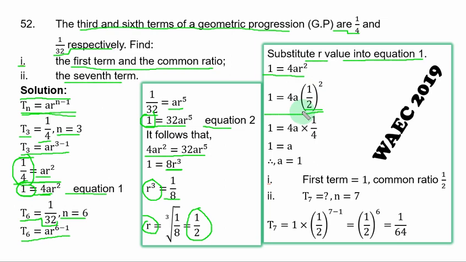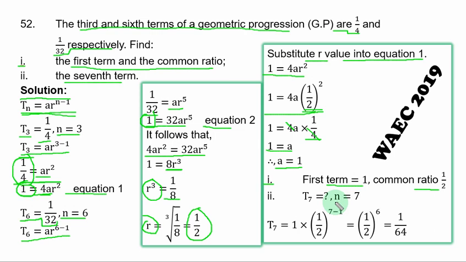When you evaluate this term, it becomes 1/4. 4 cancels 4, you are left with 1 equal to a times 1, that is a. Therefore, the first term is equal to 1. First part of the question, first term is equal to 1, common ratio 1/2.